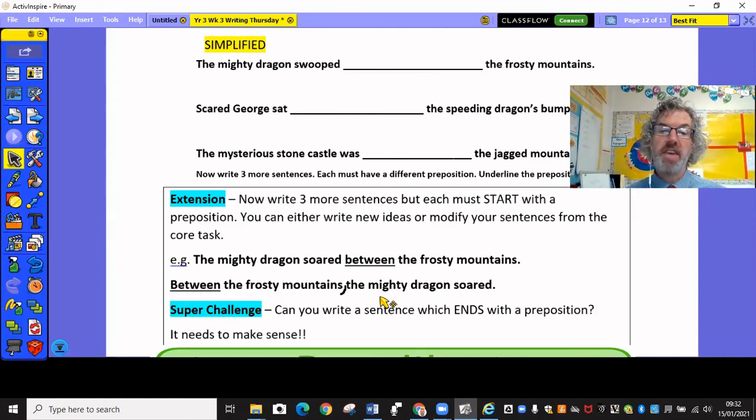We could have the mighty dragon soared, comma, the frosty mountains between. I think we need to add the word with. The mighty dragon soared with the frosty mountains between. I'm still not convinced that's a brilliant sentence. You might find that you can take one of your sentences and modify it, but it has to make sense if you're going to use it. So just take care.